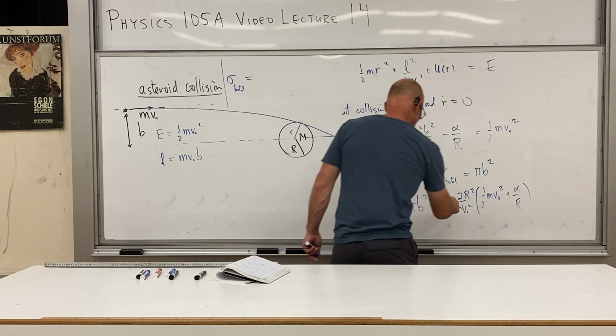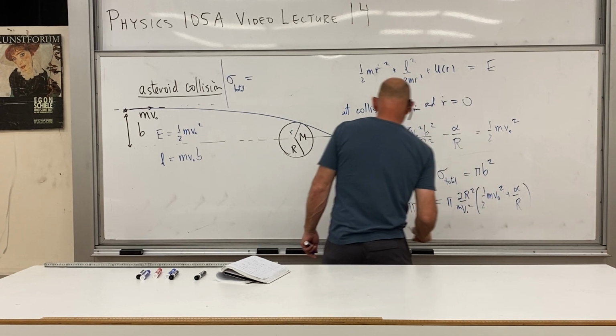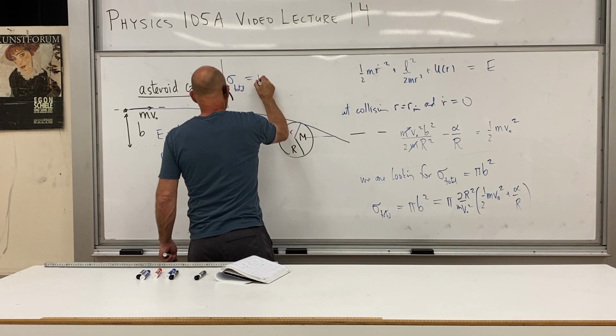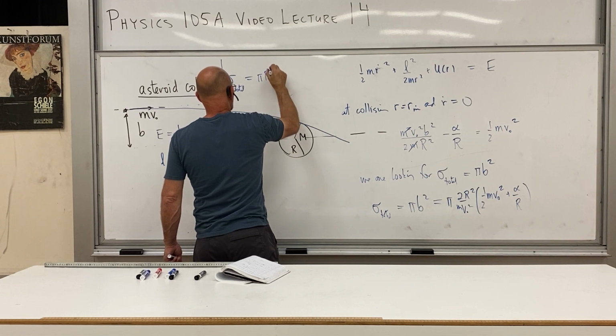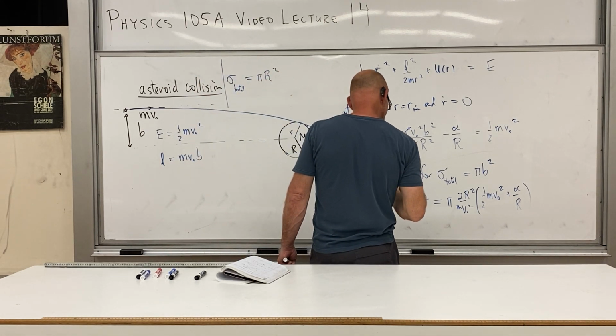So yeah, we get a nice cancellation here. m v naught squared over 2. So I'm just going to have pi R squared, and then we'll add something to that.